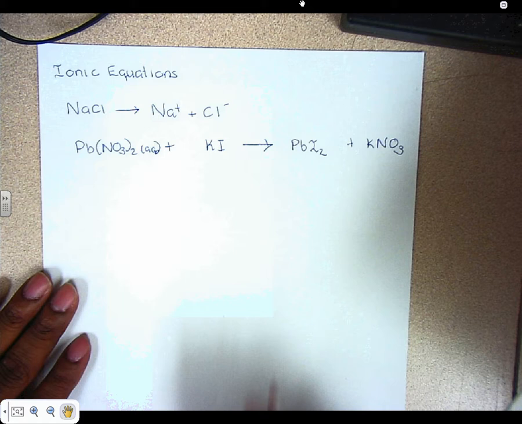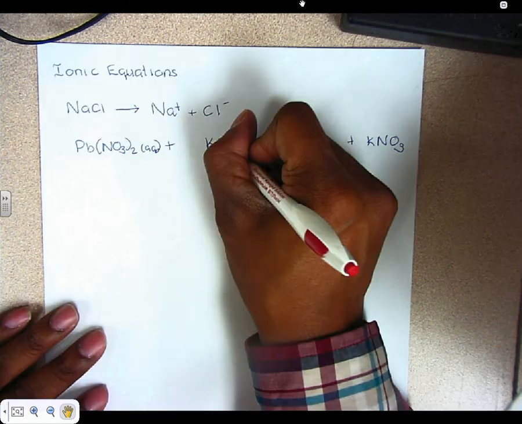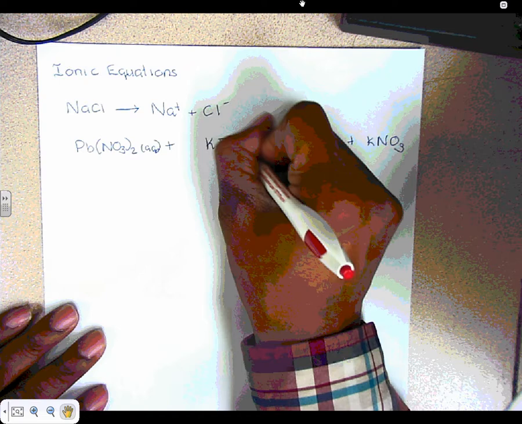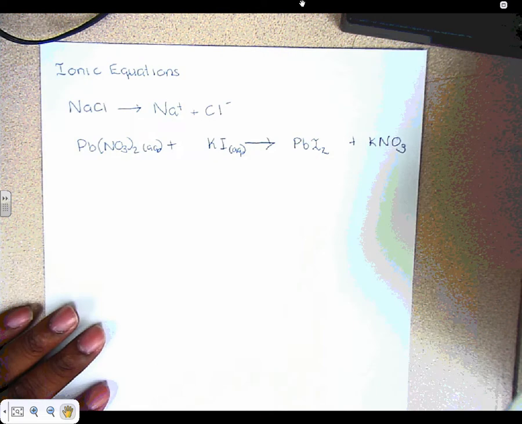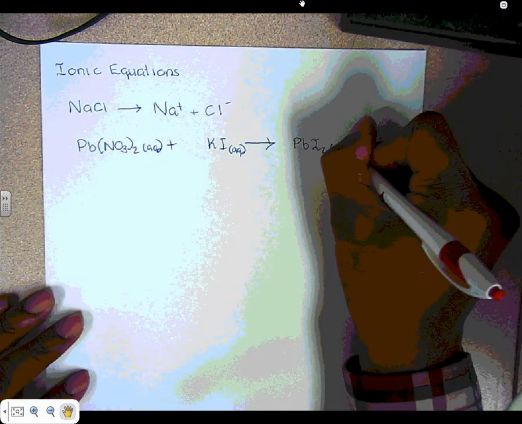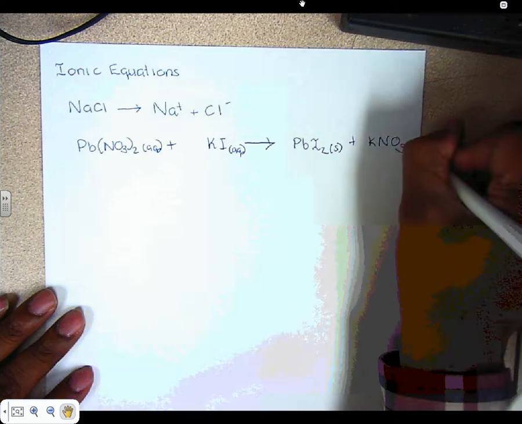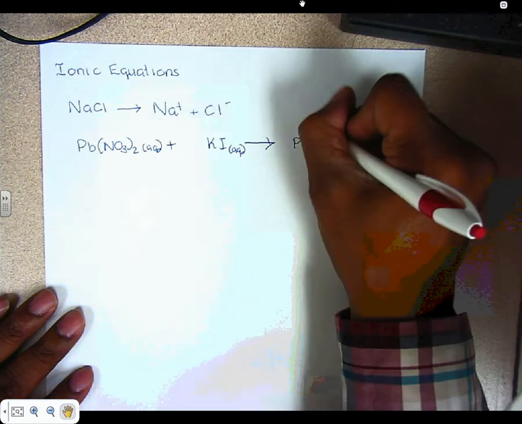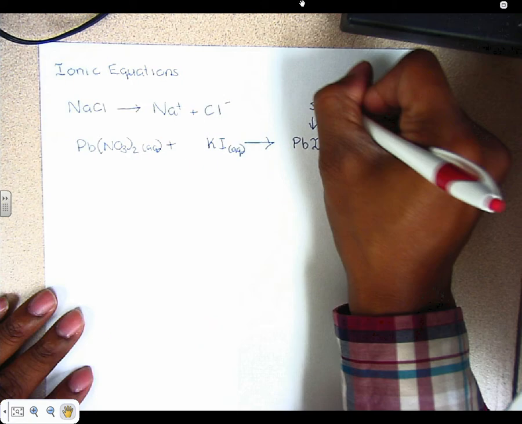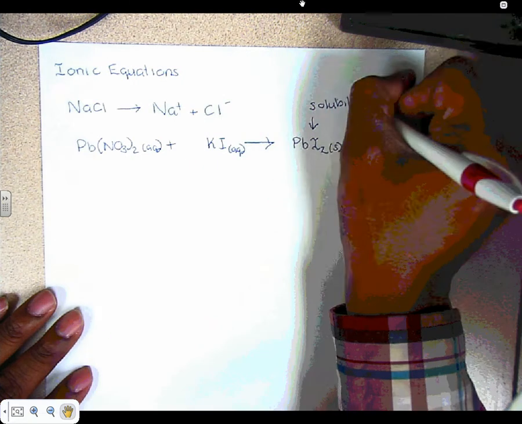Now, here's where the solubility rules are most important. You need to know that these two are aqueous in solution. Now, when they form a product, that product is going to be a solid. We have a solid here, and that's aqueous. The reason we know this is a solid comes from solubility guidelines.